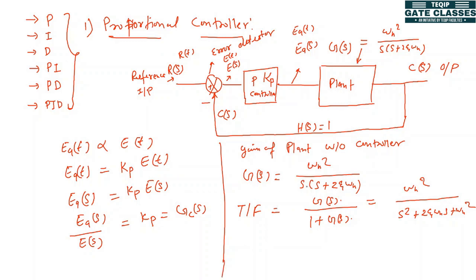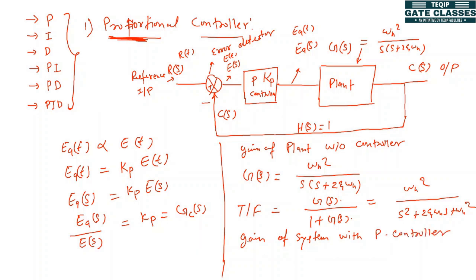Now if we add a controller in the forward path of the plant, and the type of controller we are using is the proportional controller here, then what will be the gain of the system with the proportional controller, the P controller?